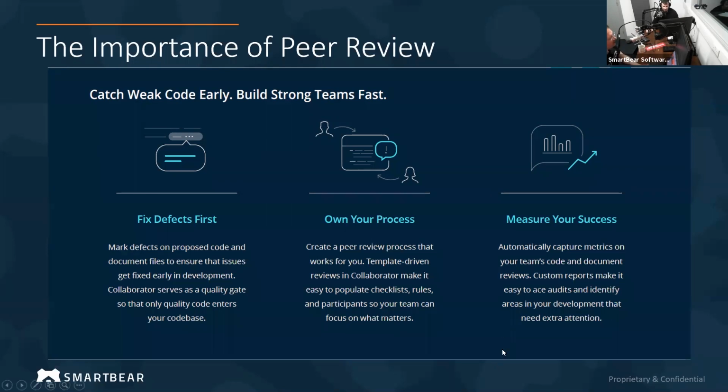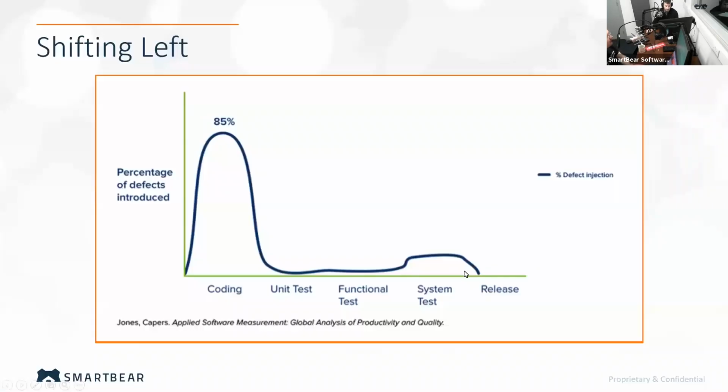Absolutely. Okay. So, on the subject of finding defects, one of the topics that we talk about a lot with customers is the idea of shifting left. For those who don't know, shifting left refers to your test effort.